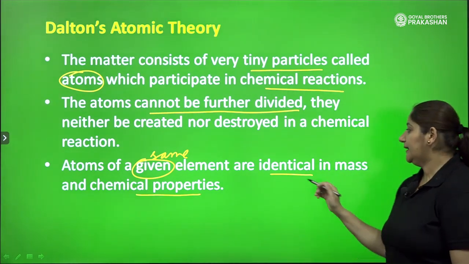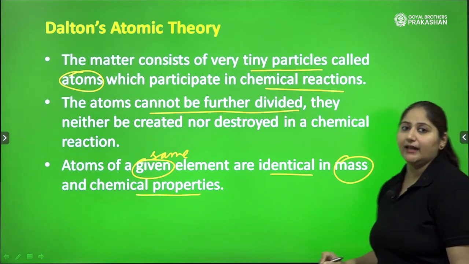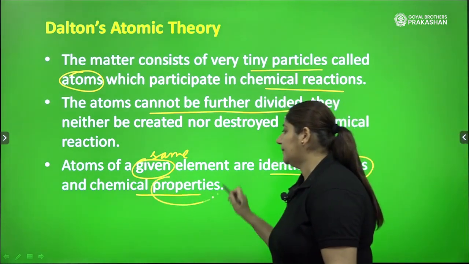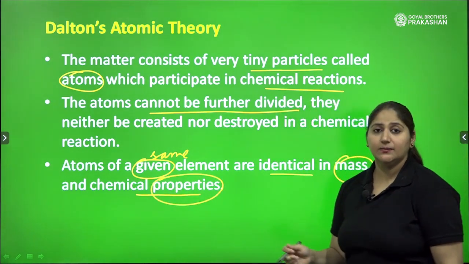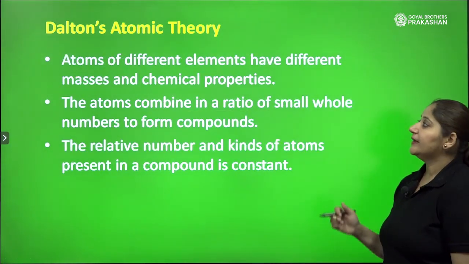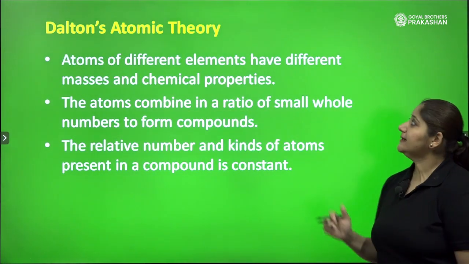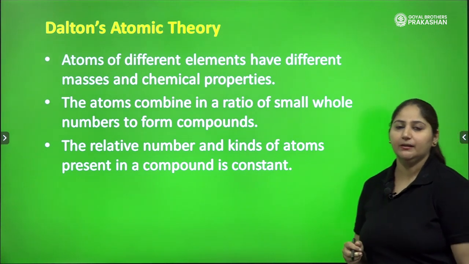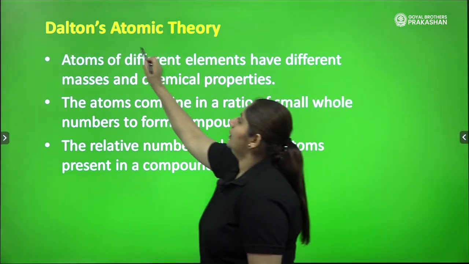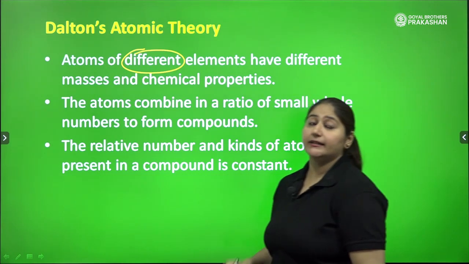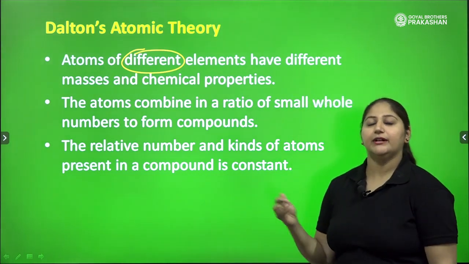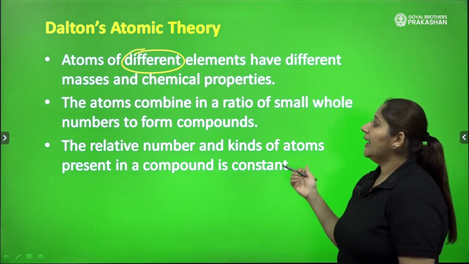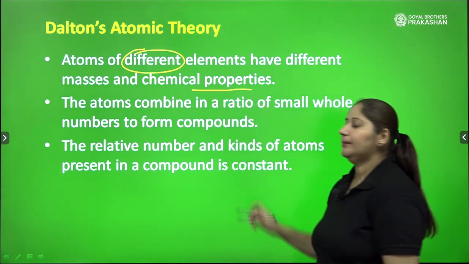So they must be identical in mass and identical in chemical properties. Now the next postulate: he said that atoms of different elements have different masses and chemical properties. Means if we talk about different elements, their atoms must have different masses and different chemical properties.